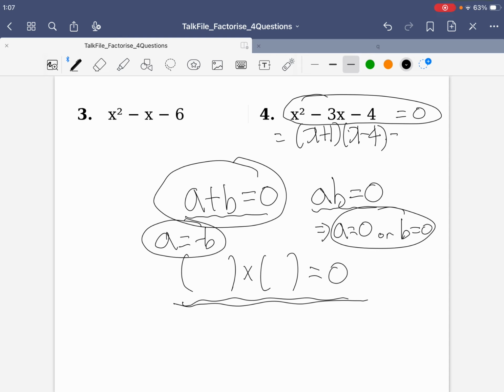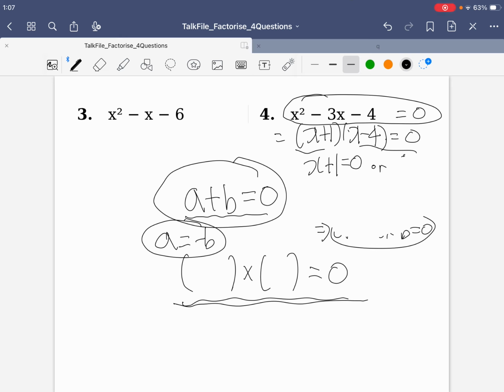But if you know that x plus 1 times x minus 4 equals 0, then, while these two are perfectly the same, just by changing the form, now we know either x equals negative 1 or 4. Why? Because it should be either x plus 1 equals 0 or x minus 4 equals 0.